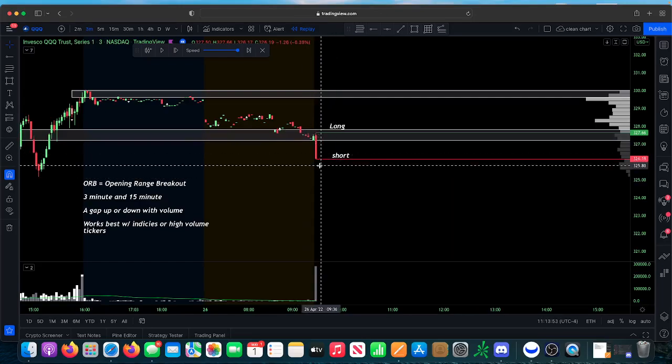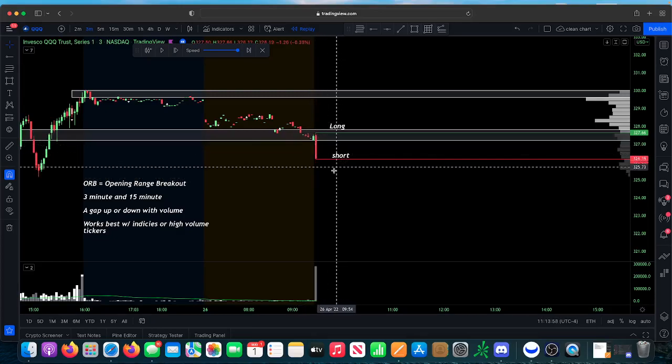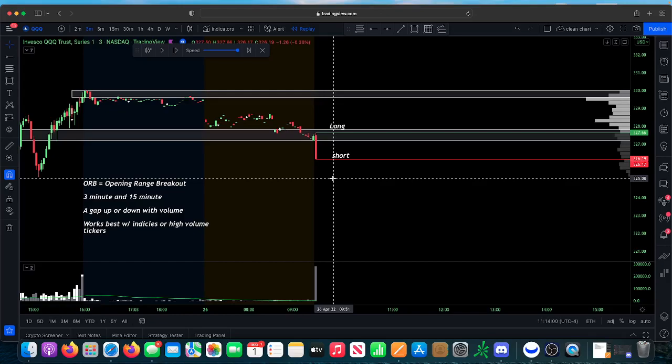But I'm usually ready to go as soon as price crosses over that trigger. And you got to remember too, we have had some really great wins with this, but this isn't a strategy that's going to get you 100% every morning. And this isn't going to be your main strategy either.